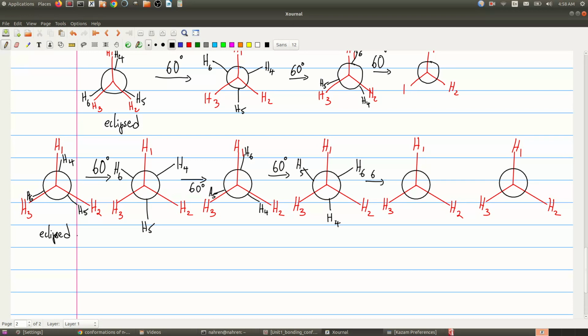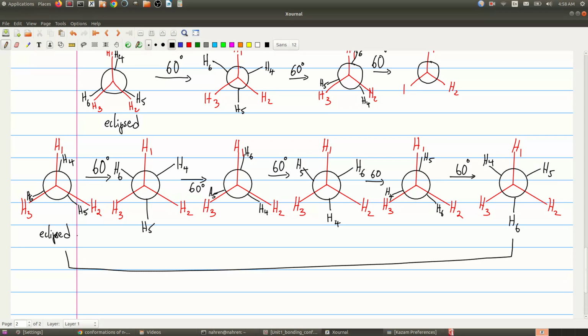Rotating this by another 60 degrees will give rise to another eclipsed conformation, and another 60 degrees will give another staggered conformation. Rotating by another 60 degrees will give the same eclipsed conformation that we started off with.